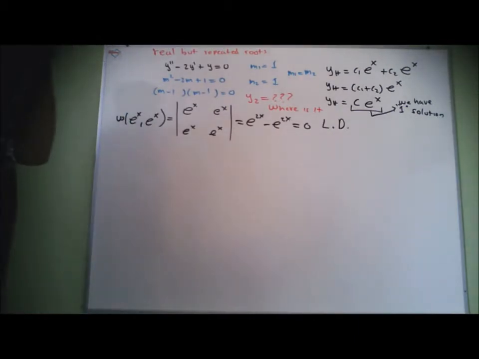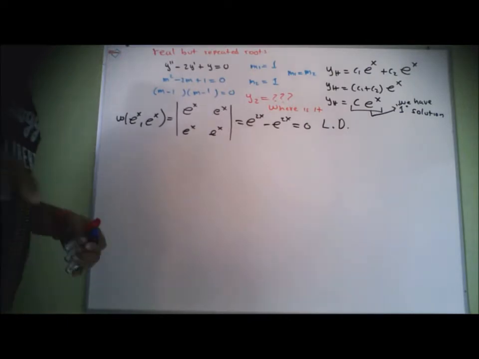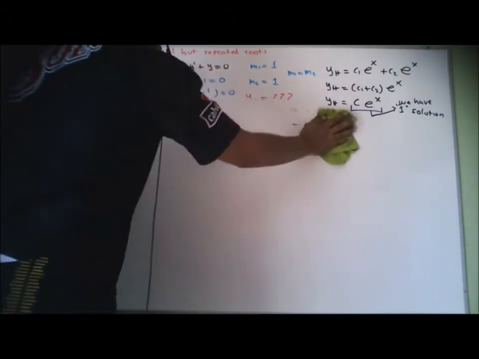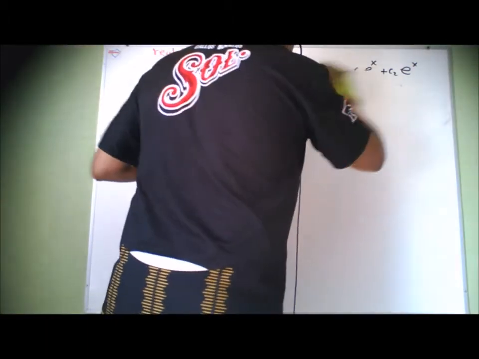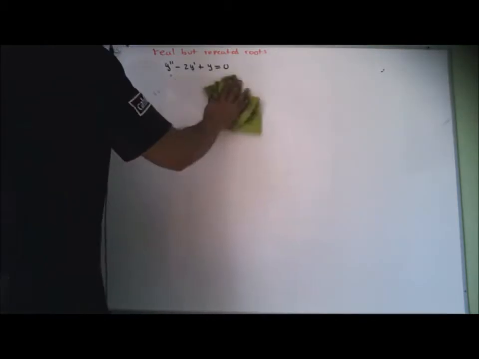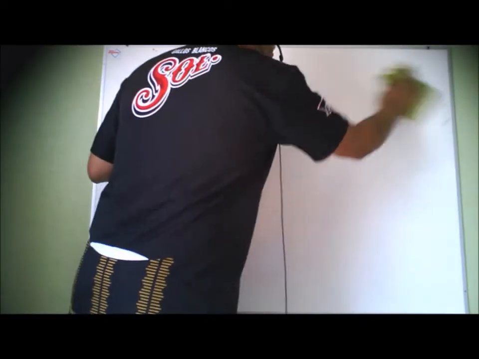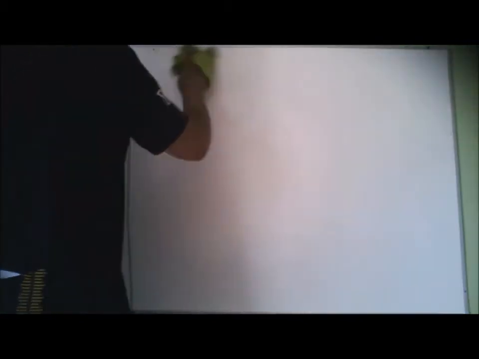Okay, now, how to find the second solution? What we have to do is develop a method that is called order reduction, to find the second solution when we know the first solution. So I'm going to erase this part. Let's keep this problem and let's develop a method to find the second solution.